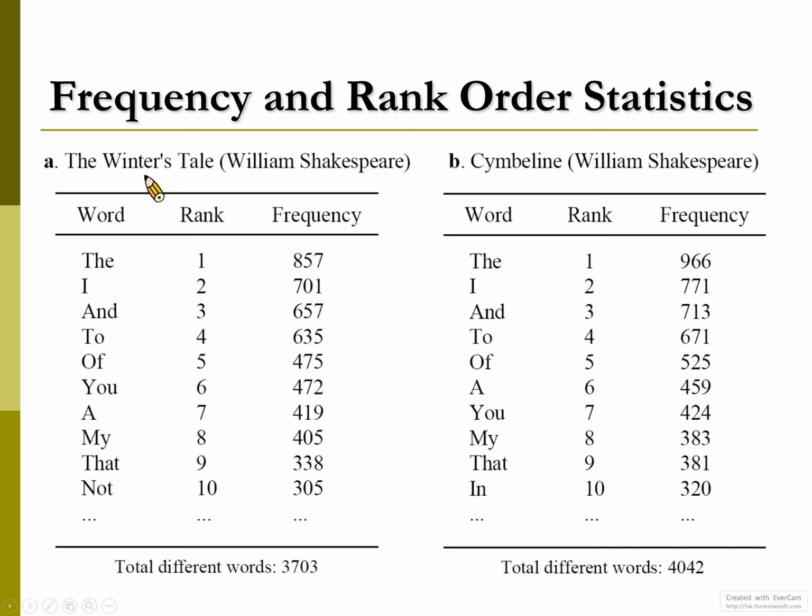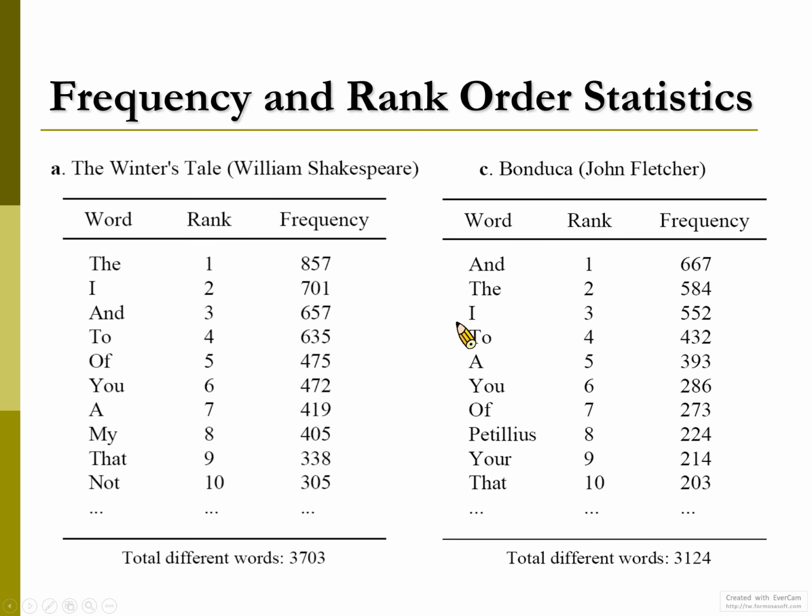These are two plays by Shakespeare. They tell different stories and have different characters, but if you look at the frequency and rank order statistics of the most commonly used words, the ranks of these words are quite similar. If you compare plays from different authors, you will find there is actually a difference in these statistics. This is a play by John Fletcher, Bonduca.